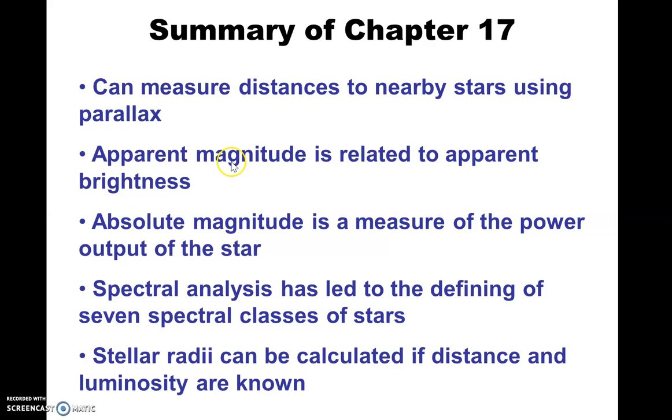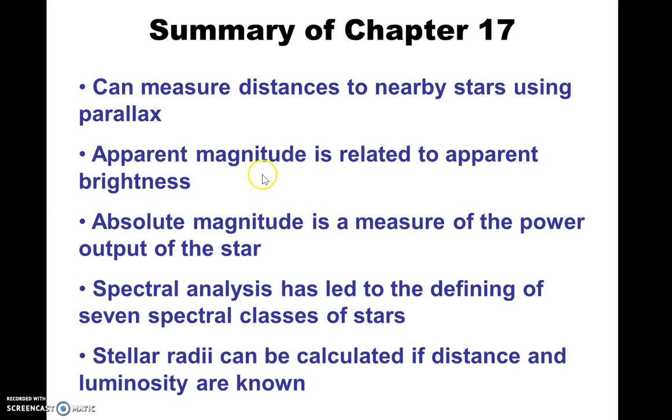Then we look at this apparent magnitude scale, and the apparent magnitude, of course, actually goes into the negative region now, because we have better instruments than Hipparchus had 2,000 years ago, and so we can relate the apparent magnitude to the absolute magnitude, and we can also determine distance that way.